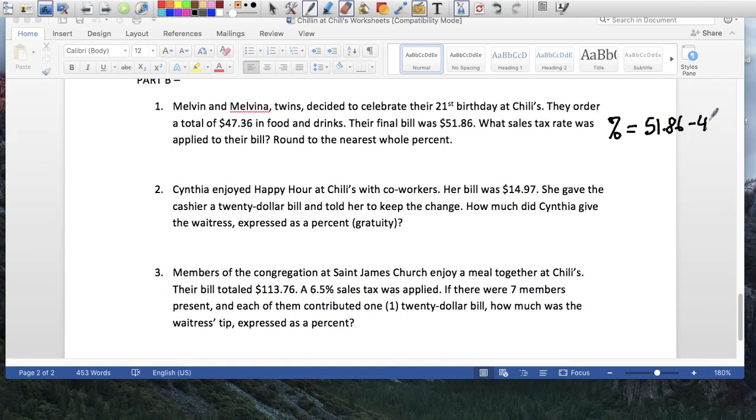The original price was $47.36, and we're going to divide by 47.36 because that's the original price. 51.86 minus 47.36 equals 4.50 divided by 47.36, and that's going to give us 0.095. Let's just stop there. And as a percentage, you can write 9.5%.